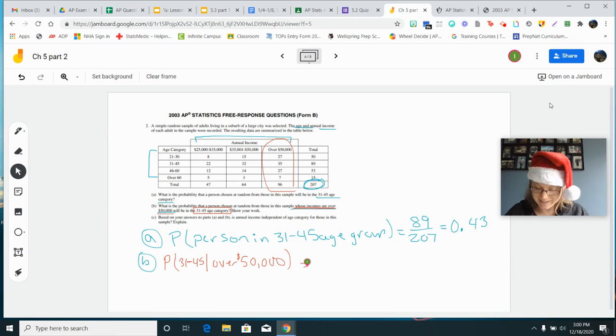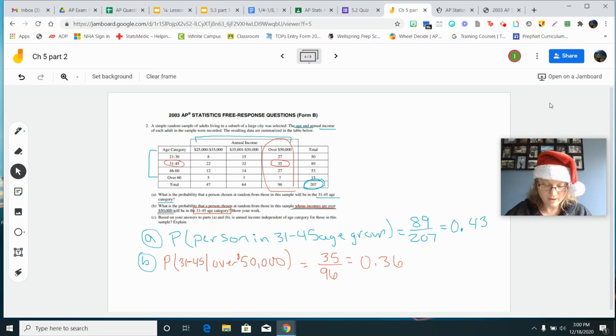We have 96 people that make over $50,000, and within that, 35 people that are in the age group we want. As a decimal, 35 divided by 96 is 0.36.